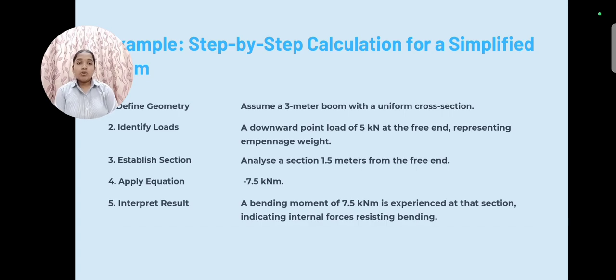After applying the equation, we multiply the empennage weight and the section distance, and we get 7.5 kilonewton meter. The result is a bending moment of 7.5 kilonewton meter experienced at the section, indicating internal forces resisting bending.